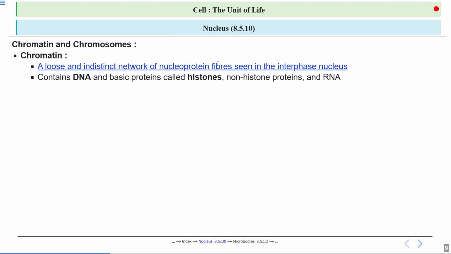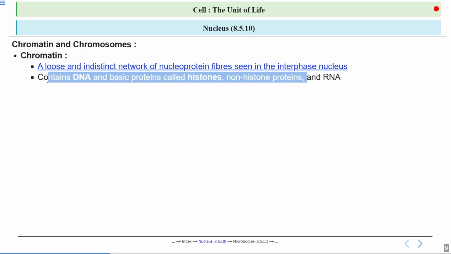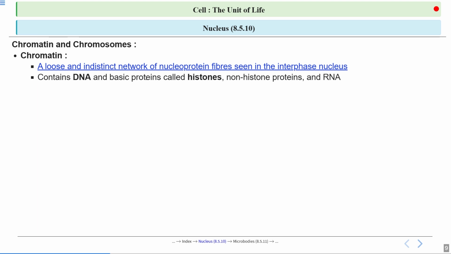So chromatin contains DNA, which is a nucleic acid, and basic proteins called histones. Histones are positively charged. Along with the histones, some non-histone proteins are also present and some RNA is also present. So basically, these are the three components: DNA, histones and non-histone proteins.